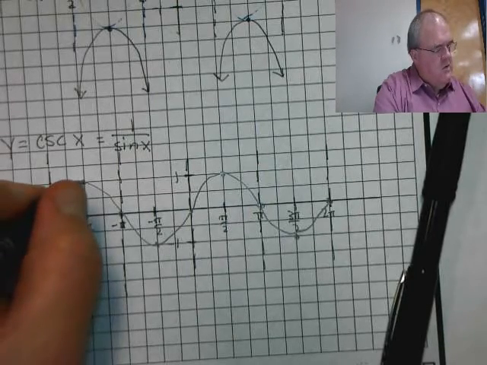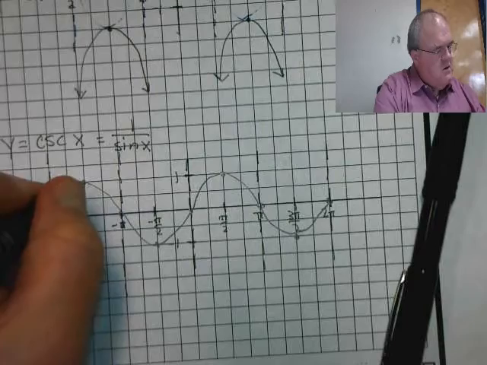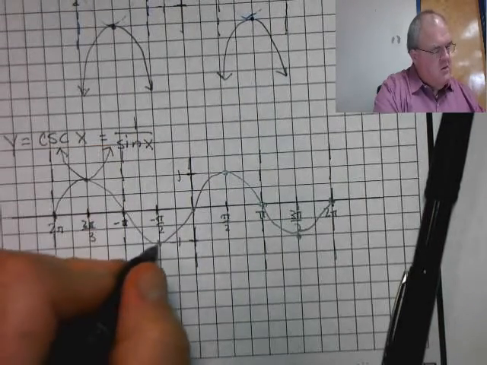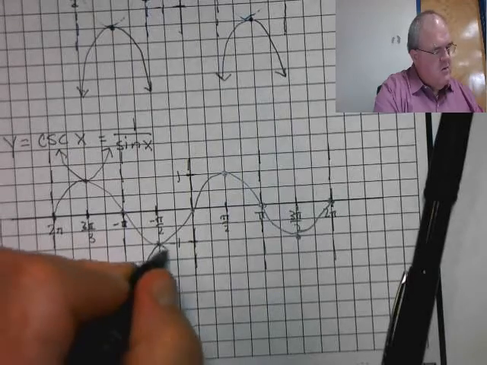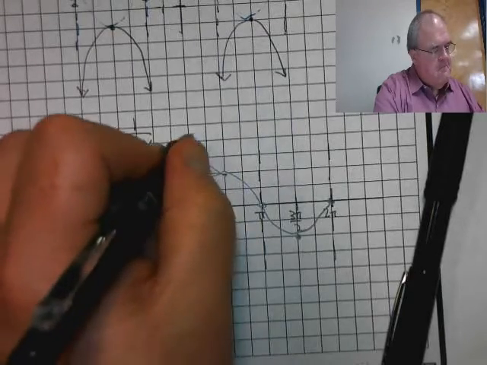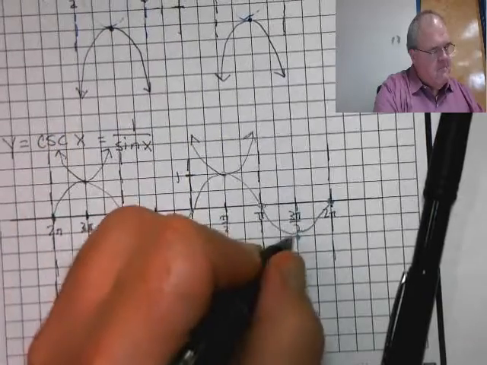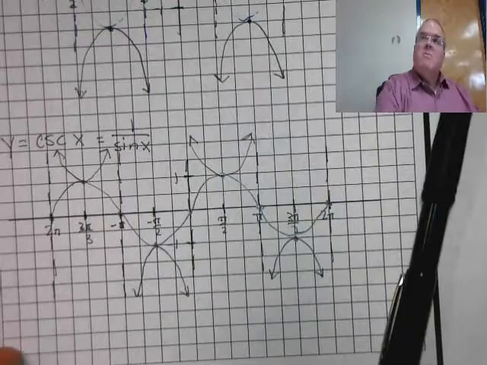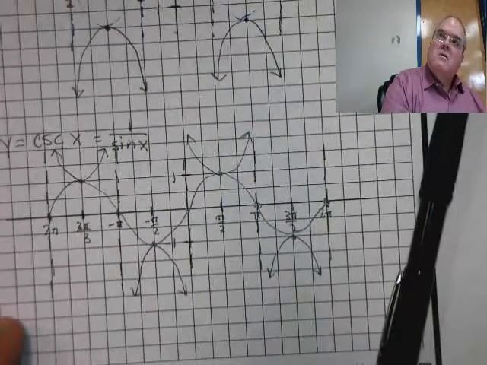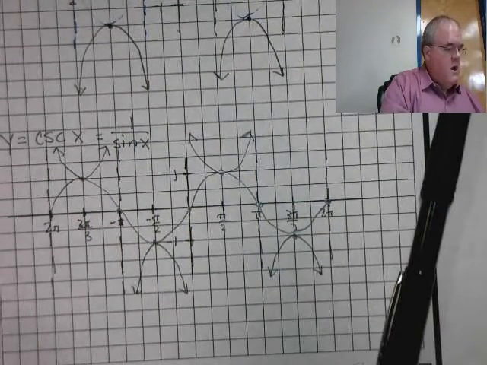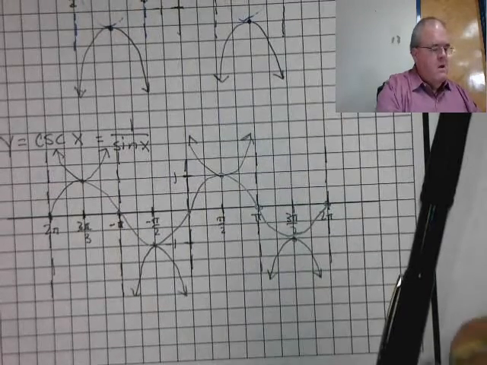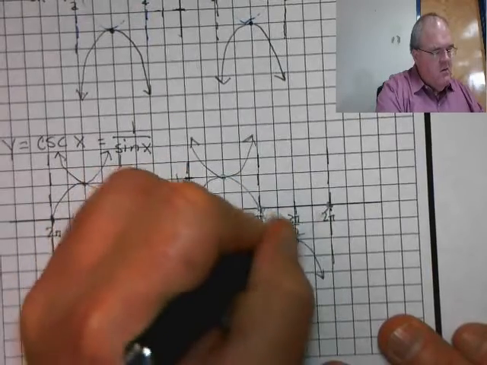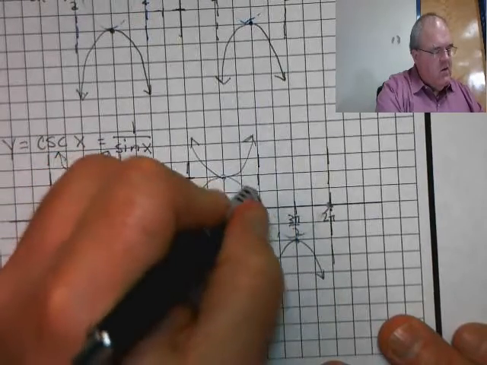So then I'm going to draw, and again, I'm not looking for perfection. And what I can do now is get rid of my sine curve.